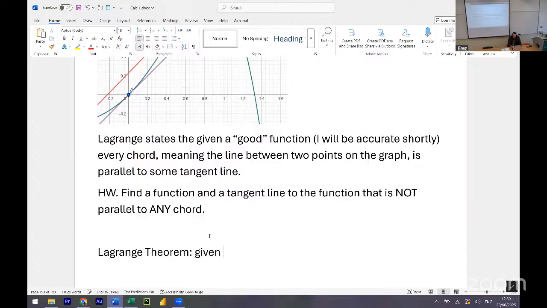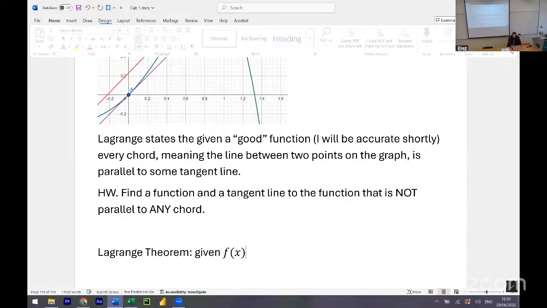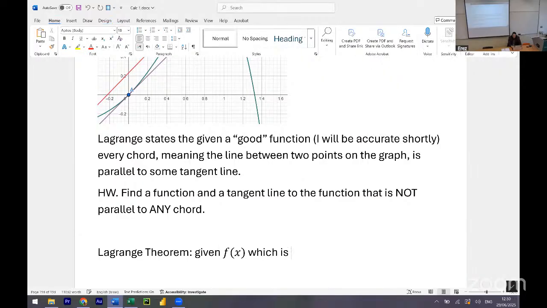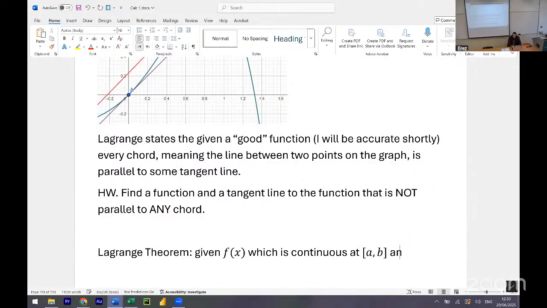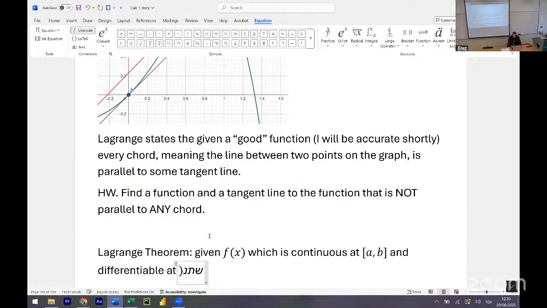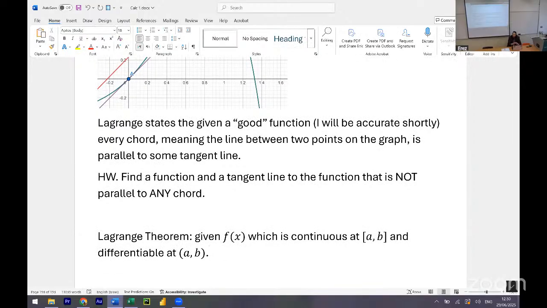Given a function f which is continuous at [A, B] and differentiable at (A, B), not necessarily including the edges. That's the assumption. That's it.